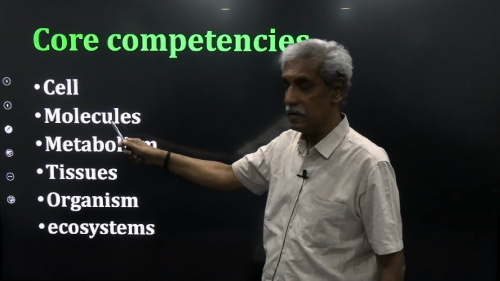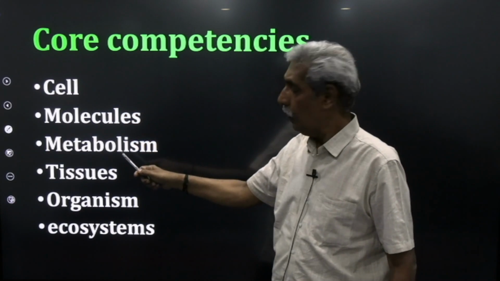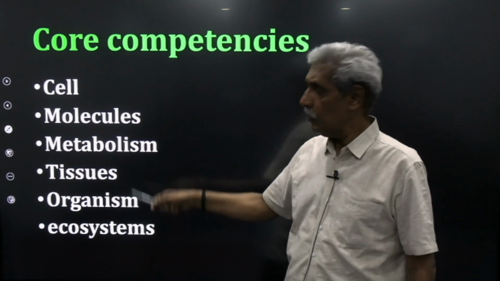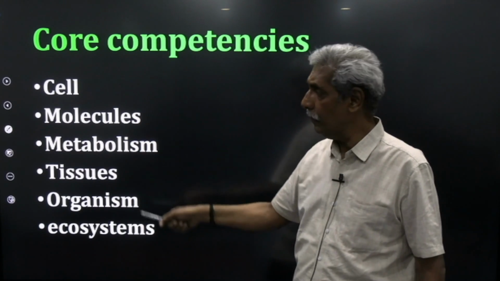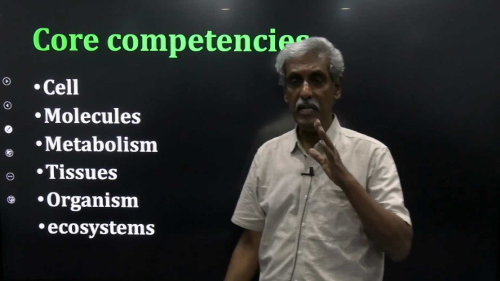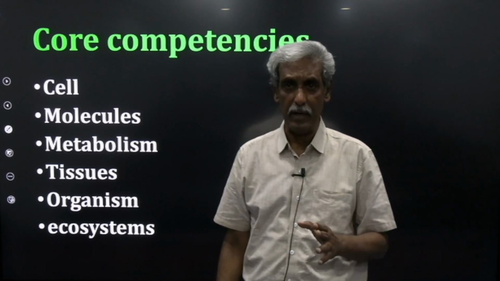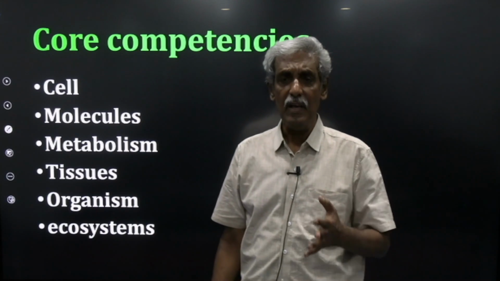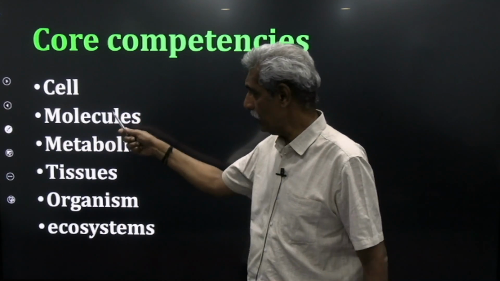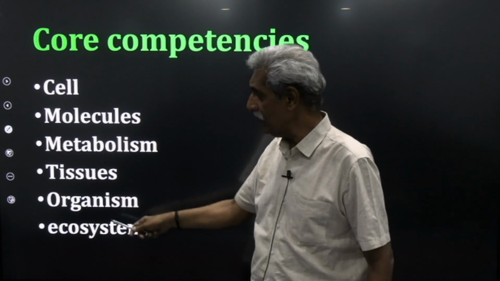What are molecules? What is metabolism? What are tissues? What is an organism? And what is an ecosystem? Any student of science should give high priority to these areas. You should know the concepts related to cells, molecules, metabolism, tissues, organs, and ecosystems.